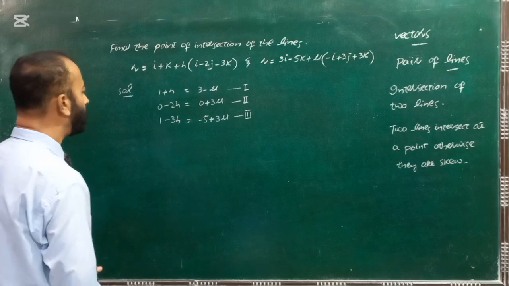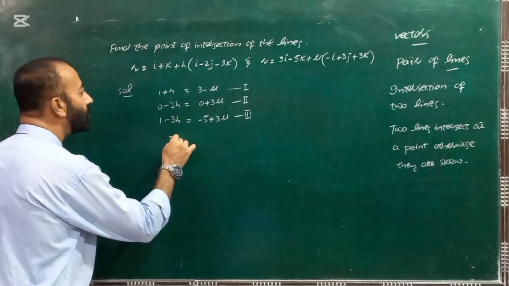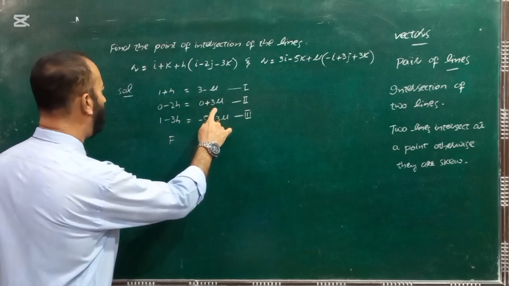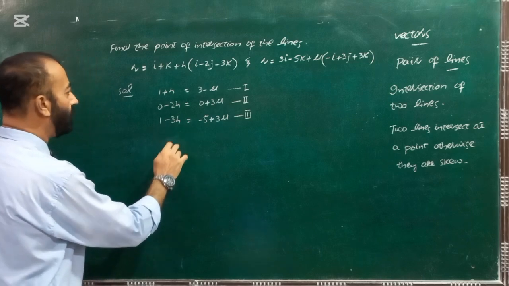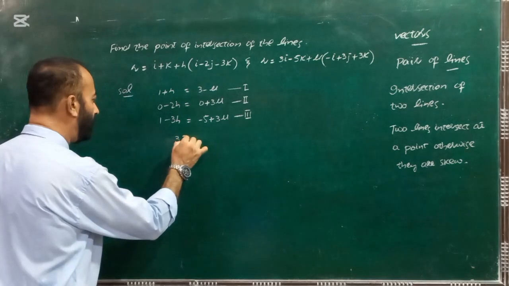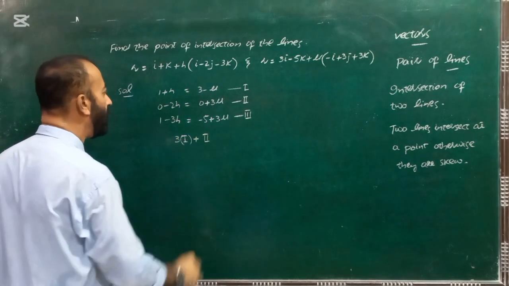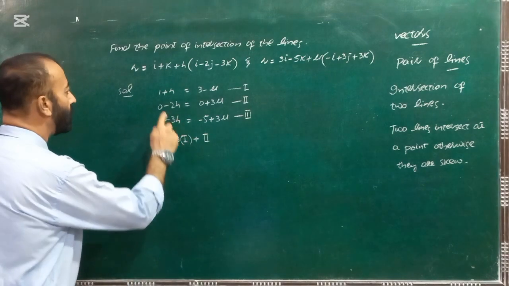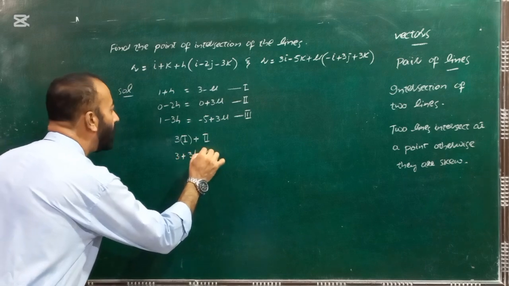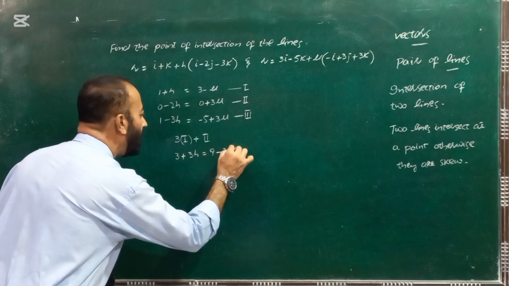So look now, if we take 3 times equation 1 plus equation 2, that will be much easier. So 3 times equation 1: 3 plus 3 lambda is equal to 9 minus 3 mu.